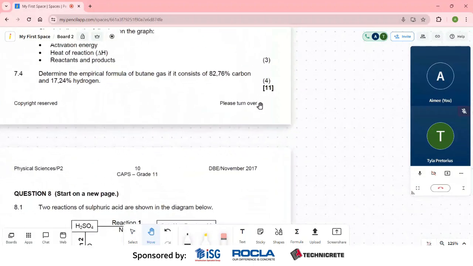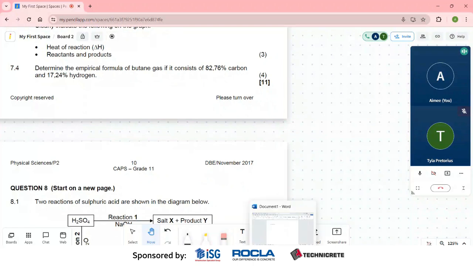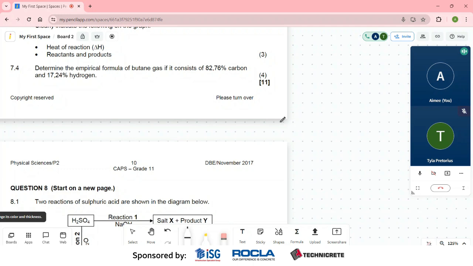So, how do we determine this? When they give you these values in percentage, and it's a 100% sample that they've given you, is 82.76 plus 17.24 100%? Yes, it is. Then all that we do is we assume that the sample that we're working with is a 100-gram sample.